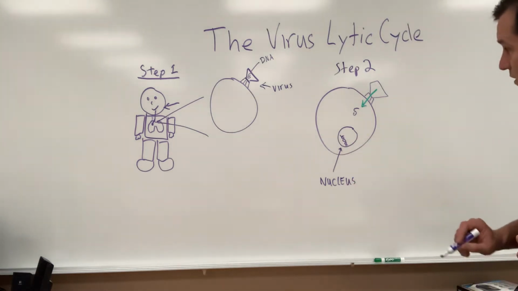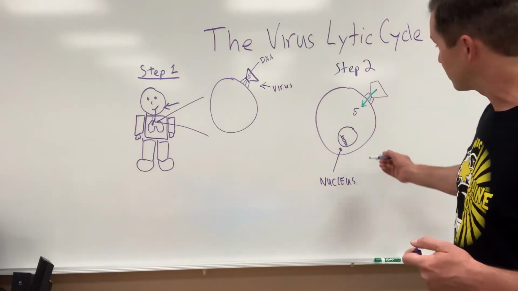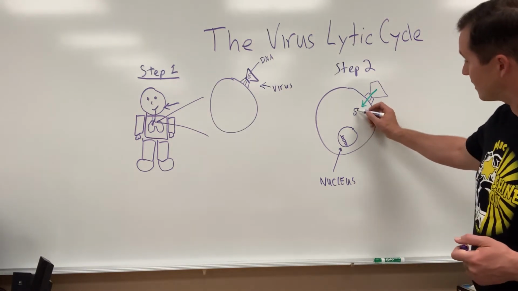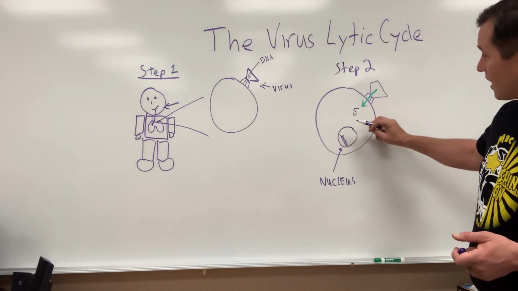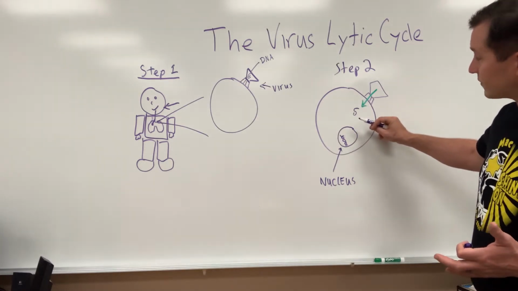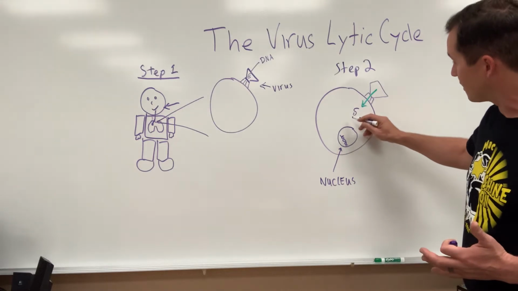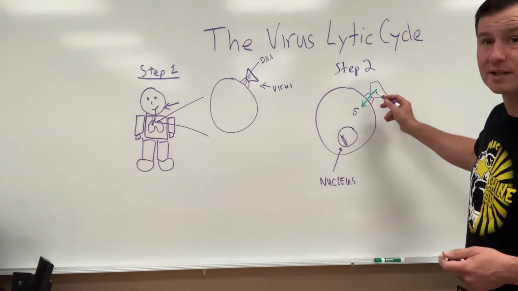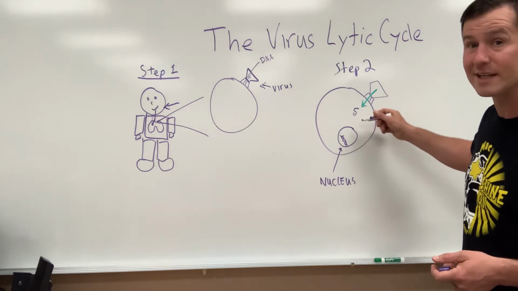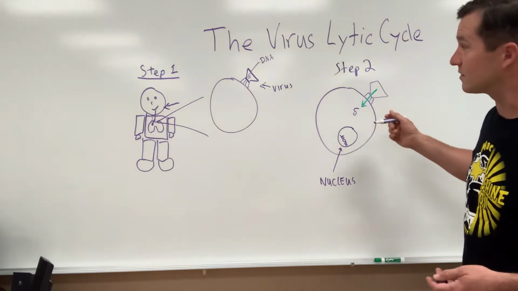We're doing a human cell, and this DNA is going to come into this cell, and in the lytic cycle, the virus is going to trick the cell, the human cell, into making more viruses.